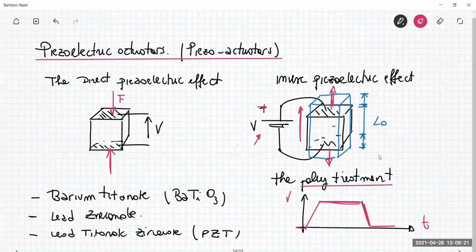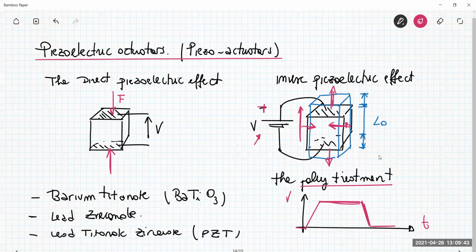And then you also have something that happens in the opposite sense, for example, the material can narrow in a direction that is orthogonal to the direction of the electric field. Basically, the piezoelectric effect is very large in the direction that is parallel to the direction of the applied electric field.